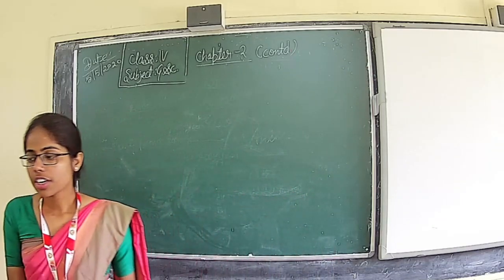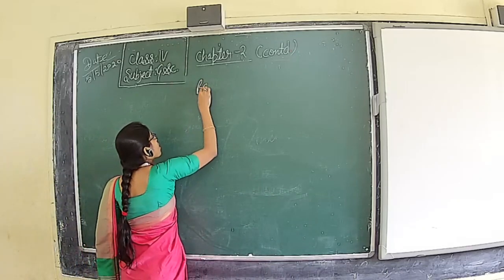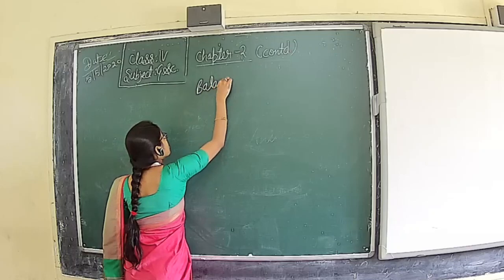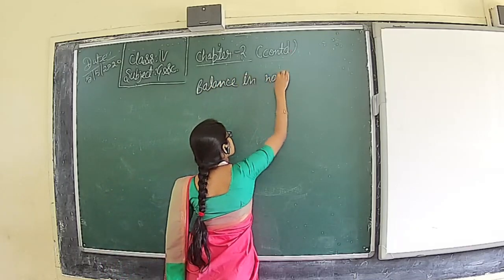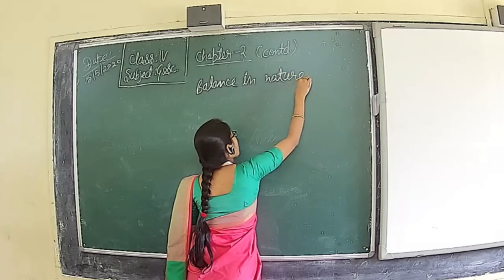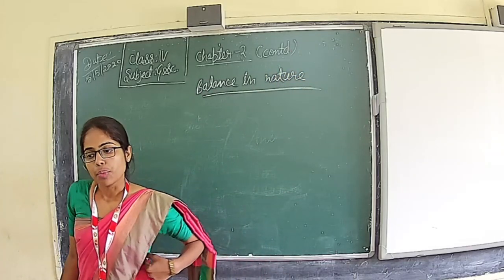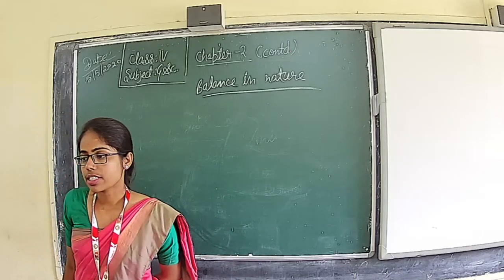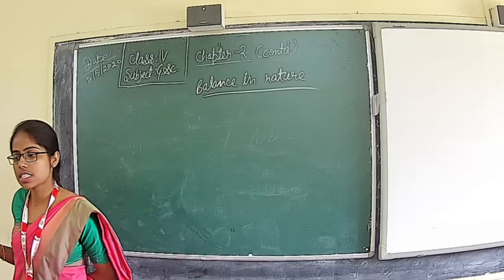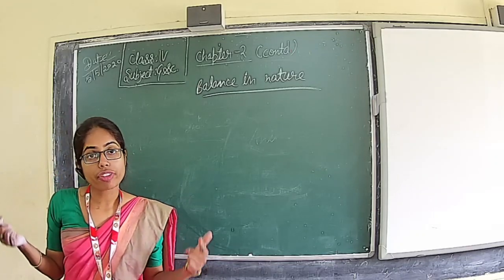Now we are going to study the last topic of the chapter, balance in nature. Balance in nature is very essential, because if the balance in nature is disturbed, the whole process of the food chain will be disturbed.